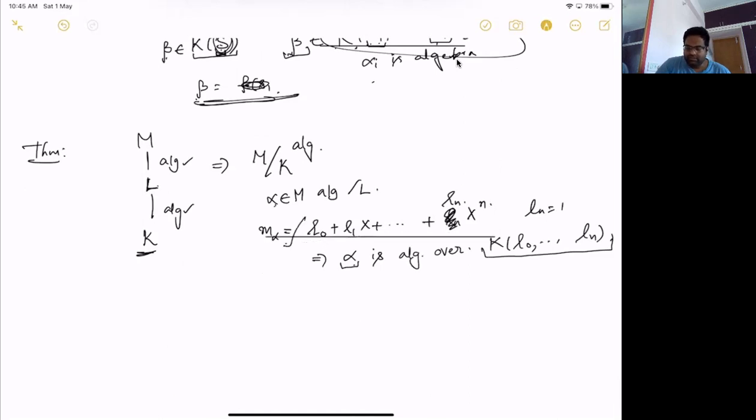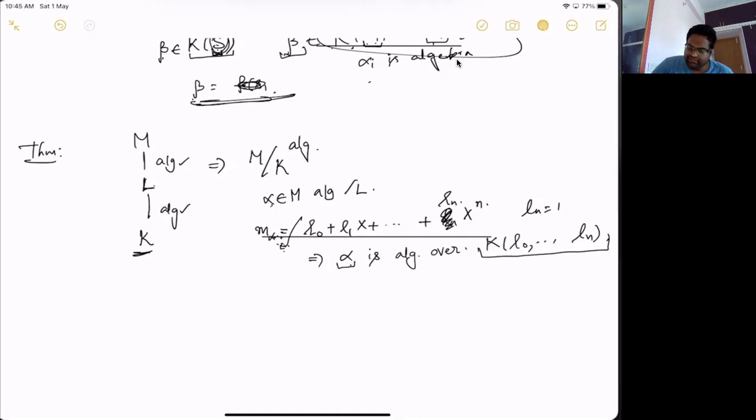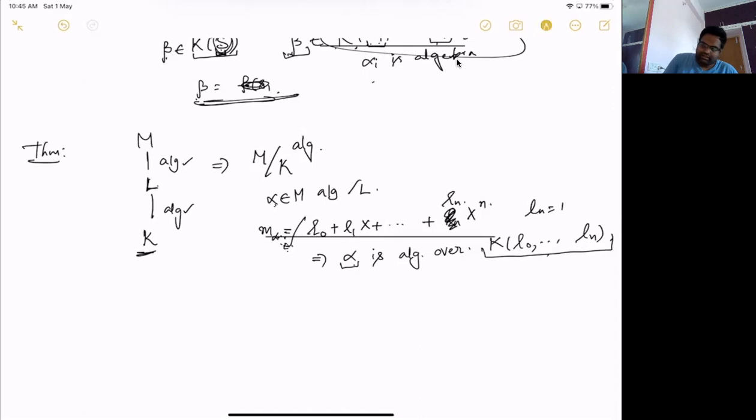So alpha is algebraic over this, and therefore K(L0, ..., Ln, alpha) over K(L0, ..., Ln) is finite.